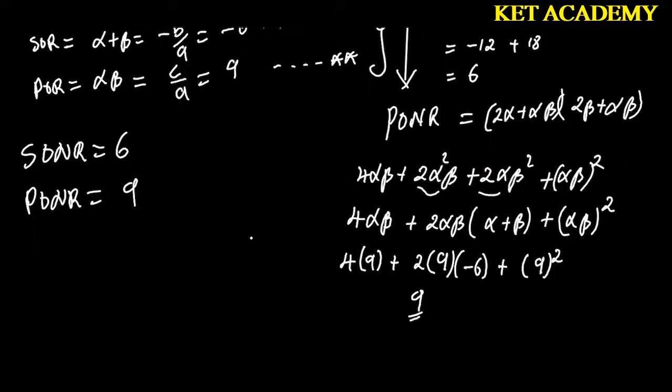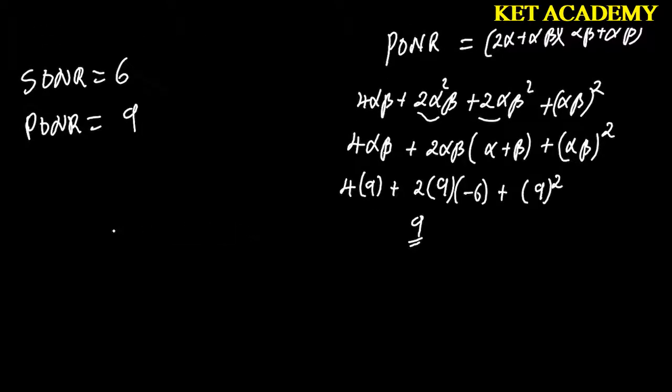So generally the formula is given by x squared minus the sum of new roots times x plus the product of new roots equal to 0.